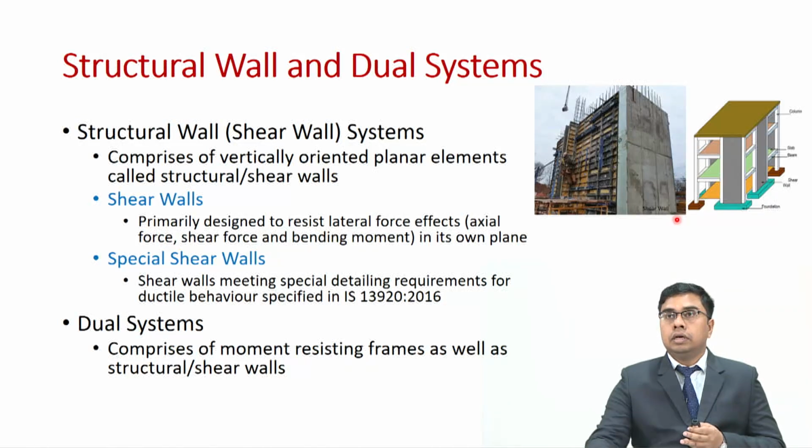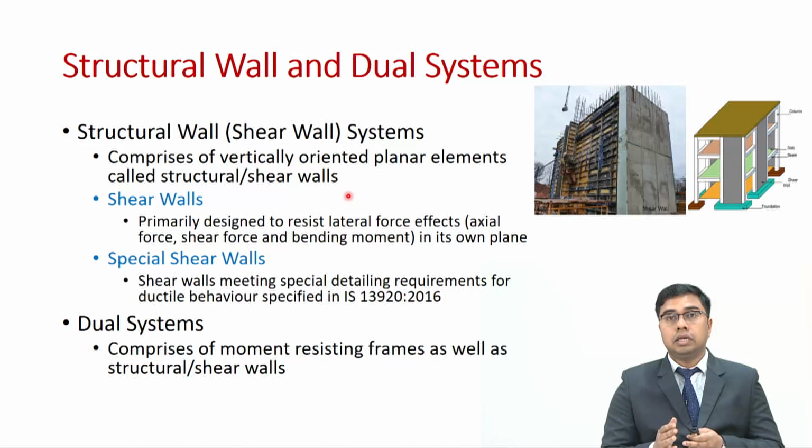Now, these shear walls can again be classified into two types: ordinary shear walls and special shear walls. While ordinary shear walls are primarily designed to resist lateral force effects such as axial force, bending moment and shear force in its own plane, the special shear walls, apart from this design, also meet special ductile detailing requirements.